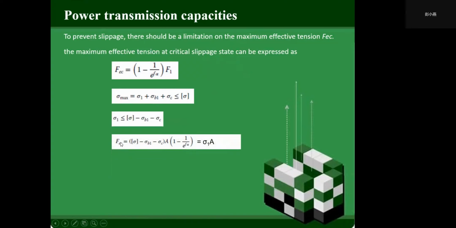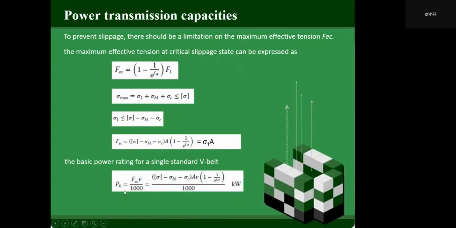Then we can calculate the maximum effective tension, and then we can calculate the basic power rating for a single standard weight belt. Use this to calculate.